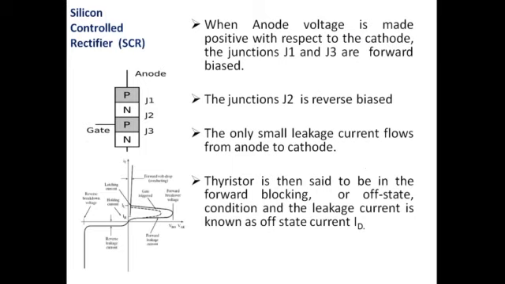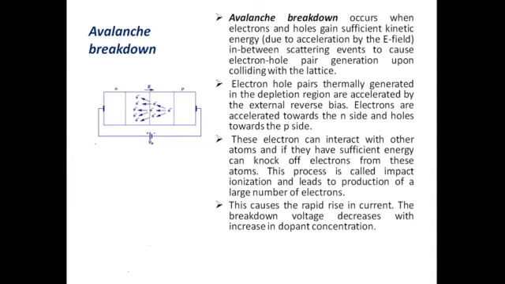So we'll briefly go through what the avalanche effect is. You might have seen this reverse bias diode. Just consider it as junction J2. See here, this depletion region is very wide. So what happens when you apply a more and more reverse electric field?